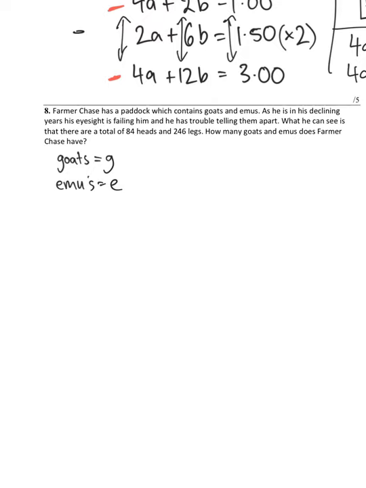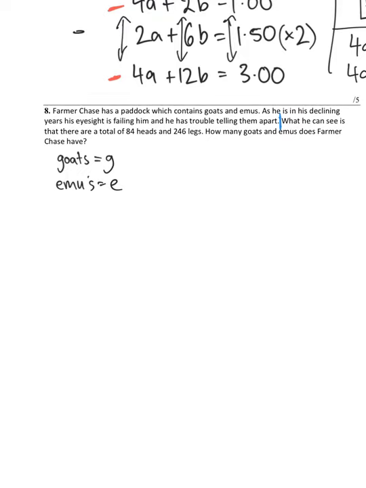The first part of the question is all sort of gibberish. If I just read from this blue line on, that's where we're going to get our equations from. It says what he can see is that there are a total of 84 heads and 246 legs. How many goats and emus does Farmer Chase have?